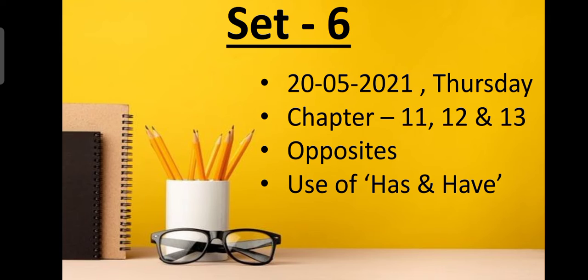We use has with he, she, it, and with a singular name and also with a human name. And we use have with I, we, you, they, and with plural names and plural words. I hope this will help you to recall the chapter.